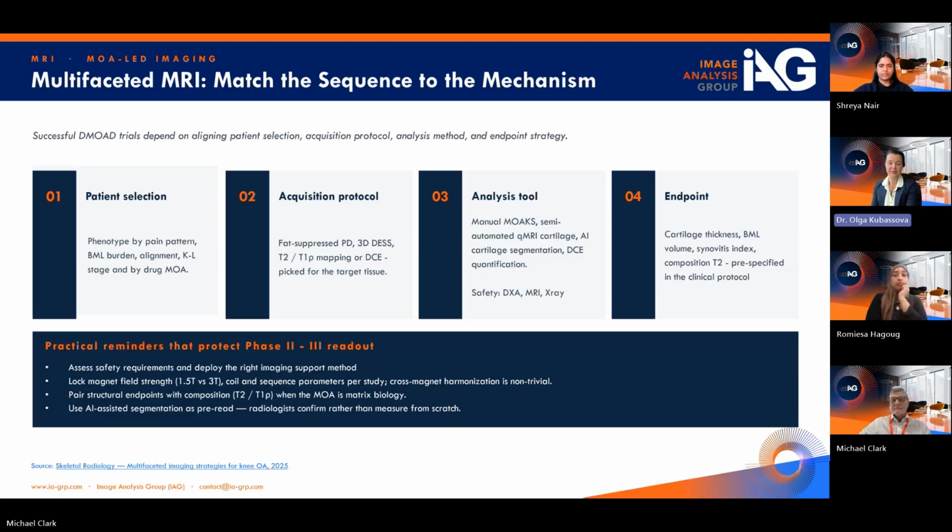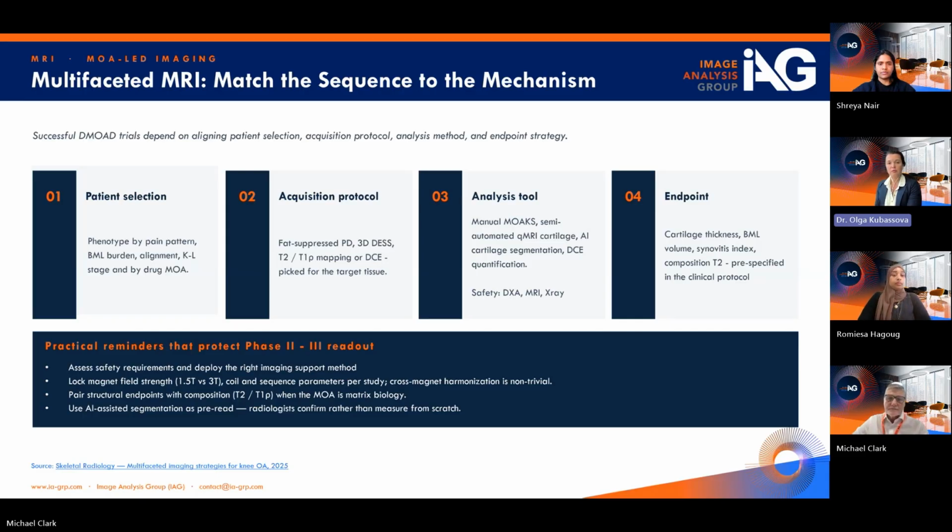So I really enjoyed presentations last week, which really speak about changes in paradigm from just purely looking at a single joint space width or changes in the cartilage to really understand your mechanism of action first and foremost, to really phenotype your patients before you start recruiting them and really understand from earlier data what would be most appropriate.